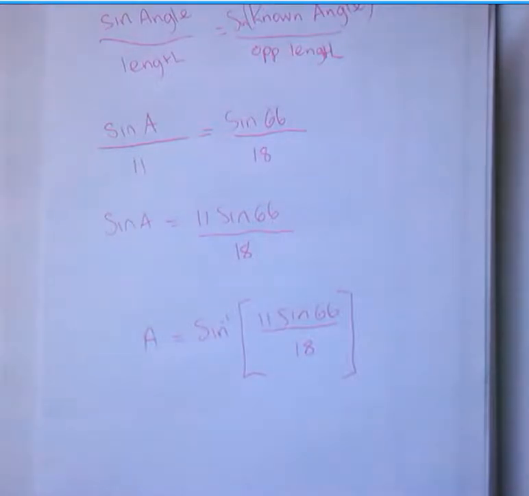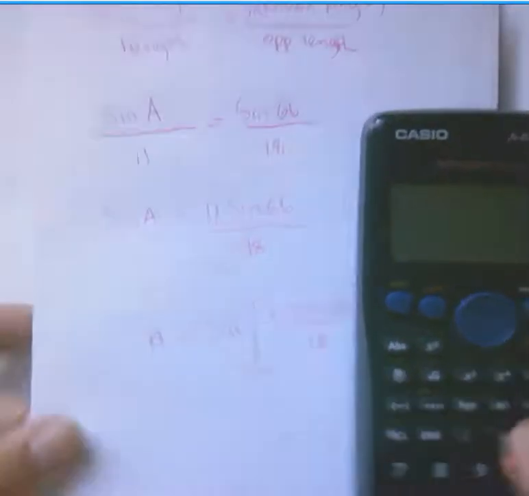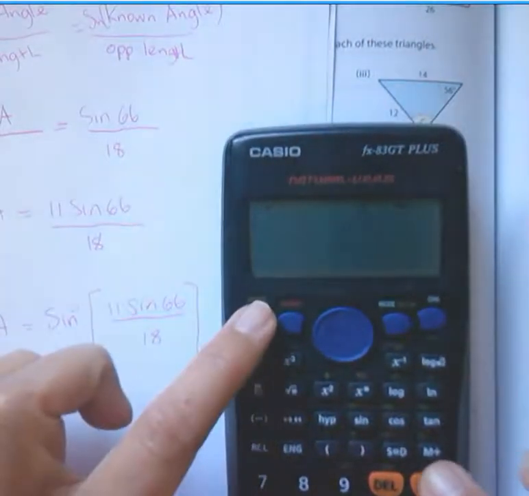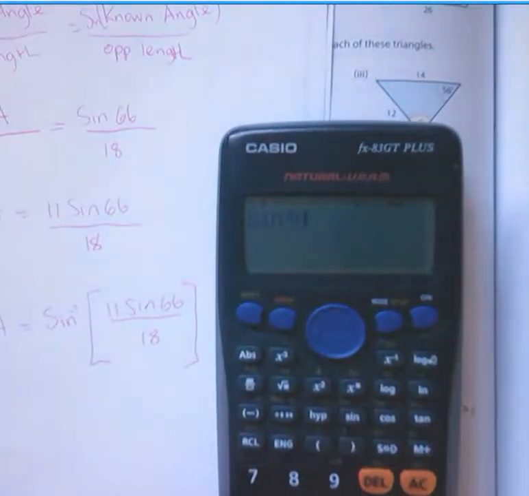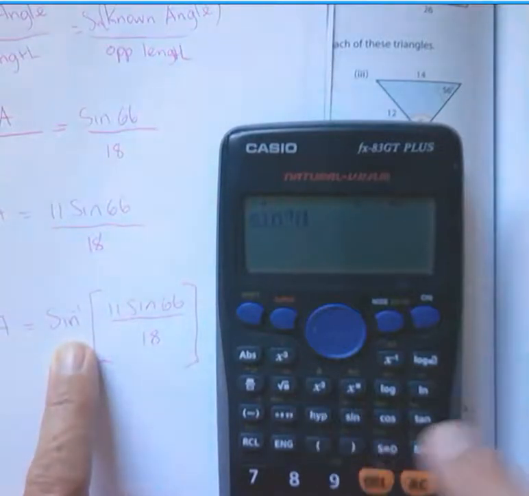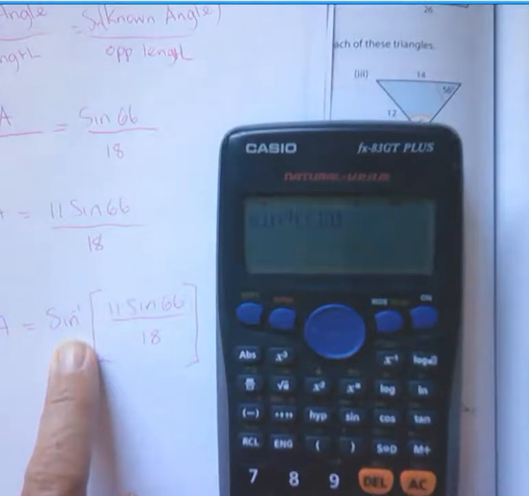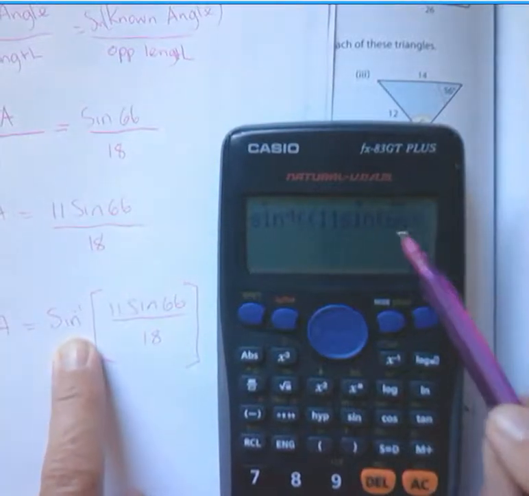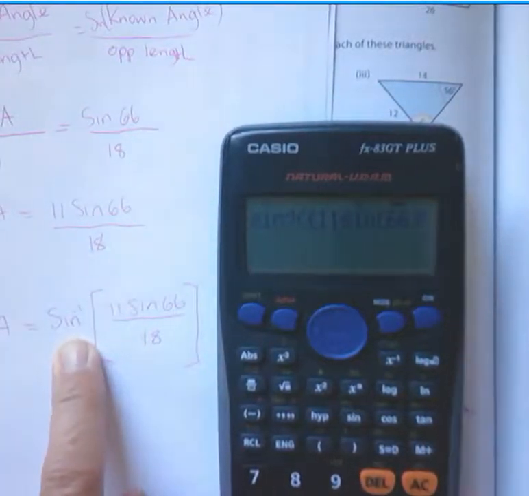Right? So for that one, what you do is you get your calculator. You go the shift button, the sin button, so you're getting sine minus 1, or your sine inverse. Brackets, 11 sin 66. Close your bracket, because on the calculator it left out the bracket here.